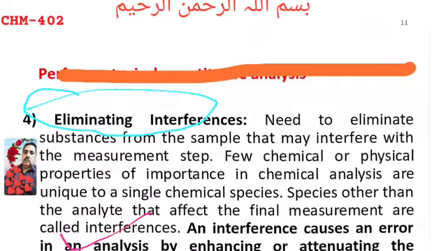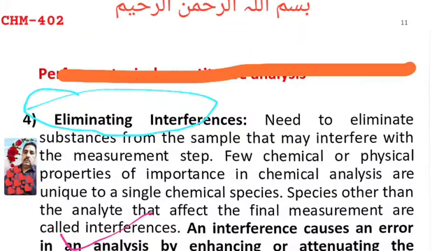Performing a typical analysis, fourth step: eliminating the interferences. We need to eliminate substances from the sample that may interfere with the measurement step. Few chemical or physical properties of importance in chemical analysis are unique to a single chemical species.